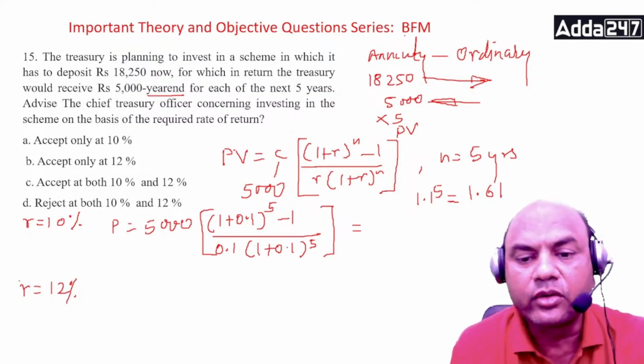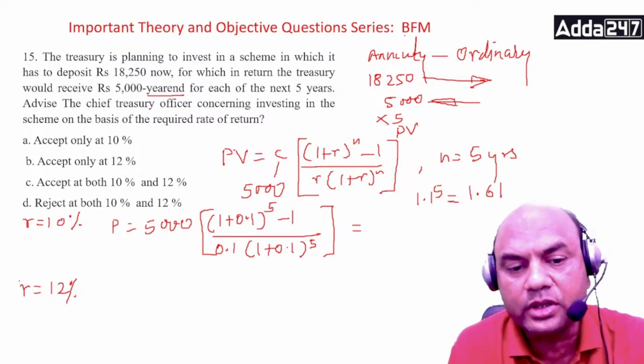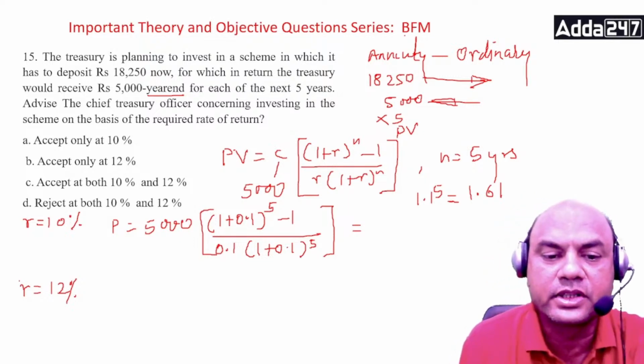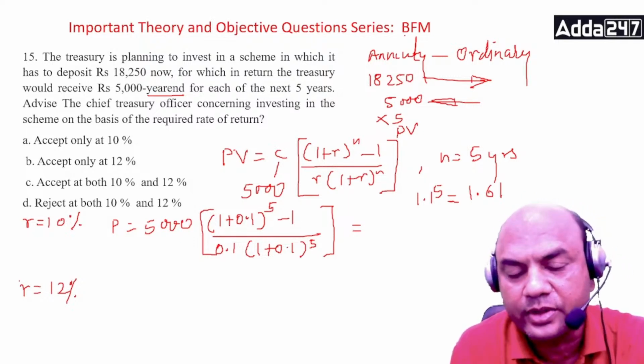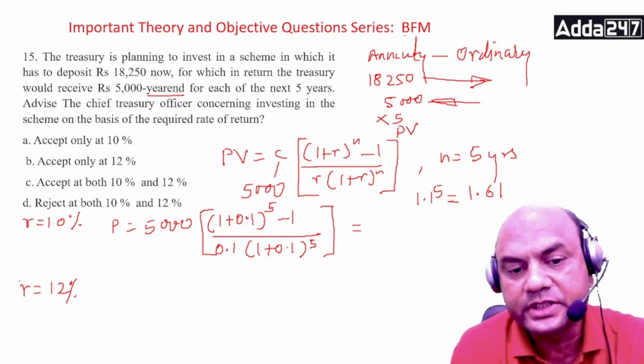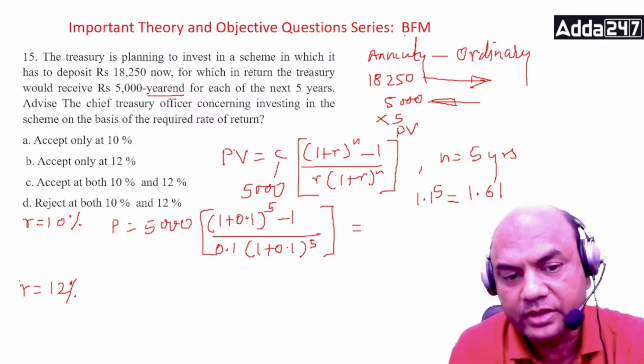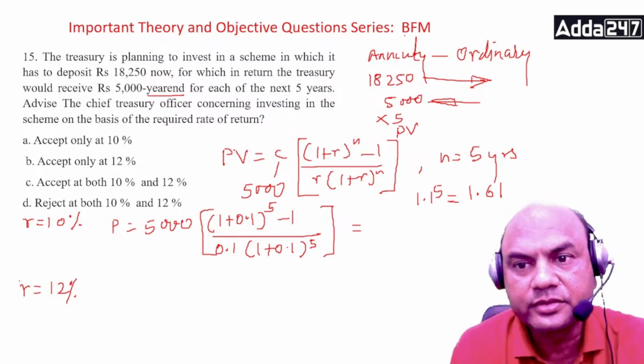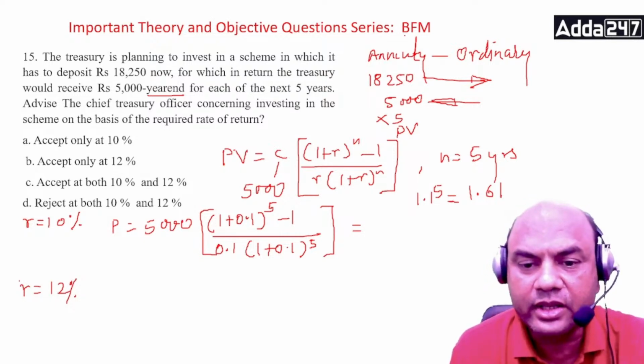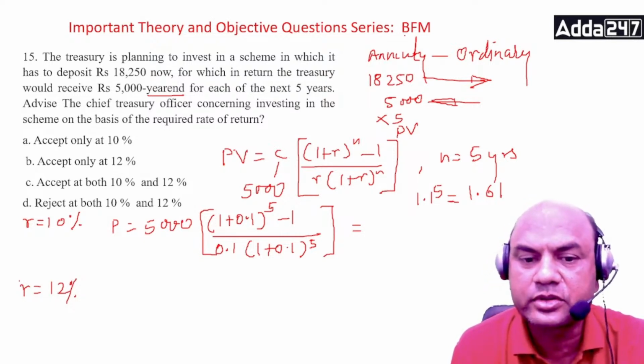Okay. Now this 1.61 will be used all the time, in the numerator also, in the denominator also. So it is 5,000 into 1.61 minus 1. So it is 0.61. Do it everyone. This is your JAIIB. In JAIIB also you had the same problem, right?